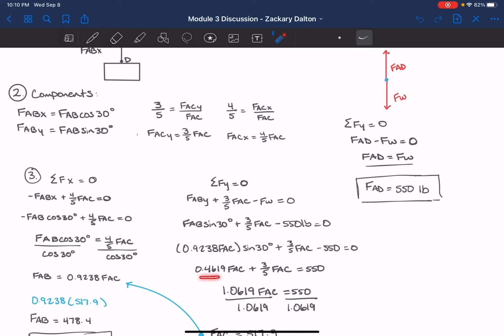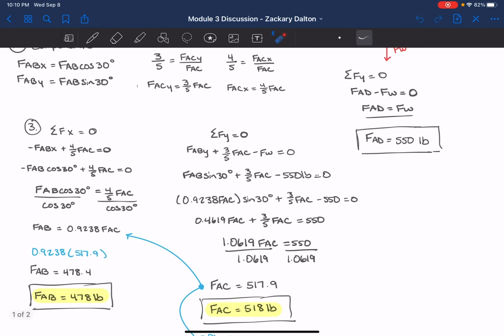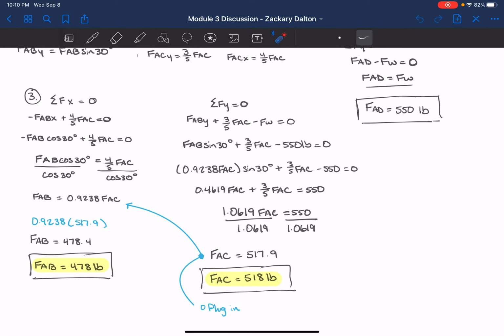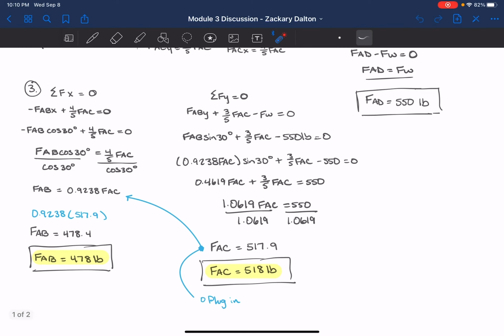And then you could just add these two numbers together, and you should end up getting 1.0619 FAC is equal to 550, because we basically brought it to the other side. Again, simple algebra, you will divide this number over, and you should end up getting, as your FAC, 517.9, but we need it in 3 significant figures, so it will be changed to 518 pounds.